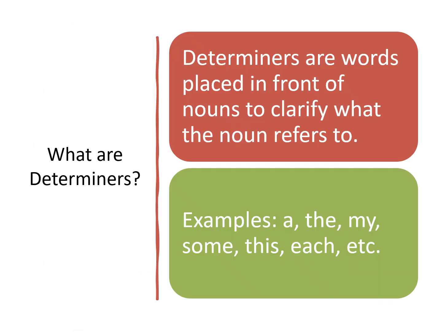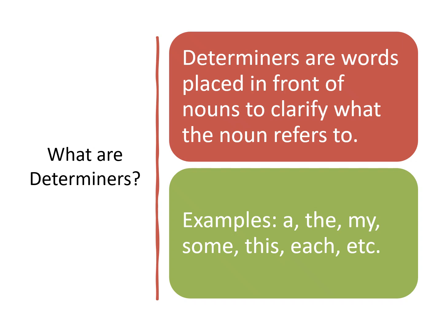First, let us understand what determiners actually are. Determiners are words placed before nouns to give more information about the noun. They tell us things like which thing, how many, whose thing it is, or how much of something.